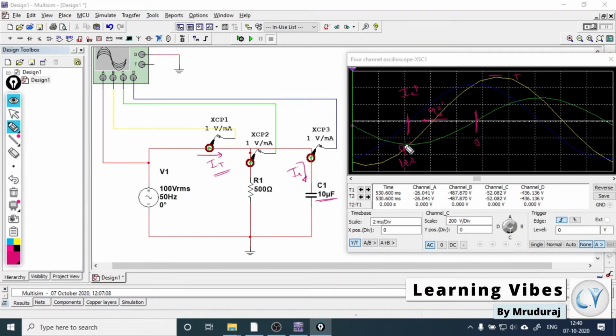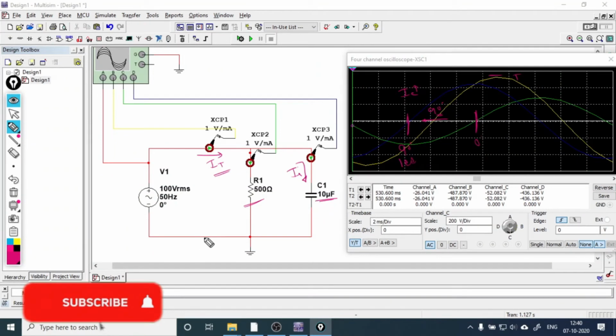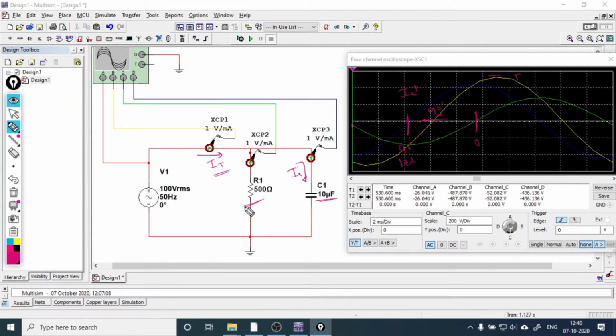Now what we will do, we will increase the current flowing through the resistor, right? We will increase the current flowing through the resistor. So we'll increase the dominance of resistance, and then we'll observe what will happen to this circuit, to the total current.